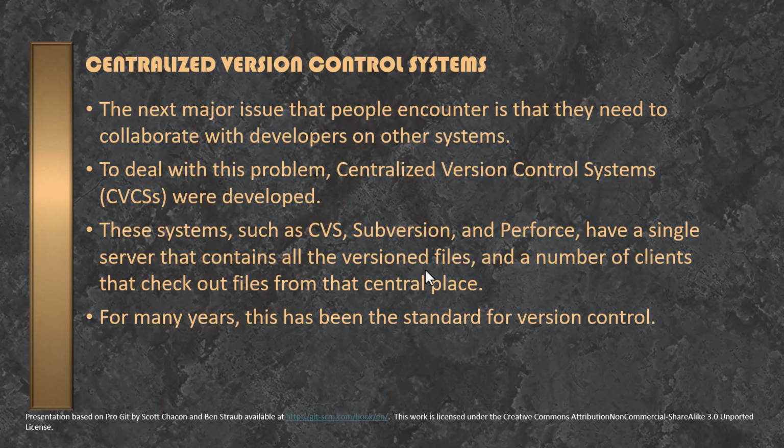So centralized version control systems like CVS, Subversion, Perforce, and others basically create a system where either on a local network or on the web, you could store the official version of a repository online, and people could then download it, make changes, and then check it back into that centralized location. There are still many version control systems which are still centralized version control systems.